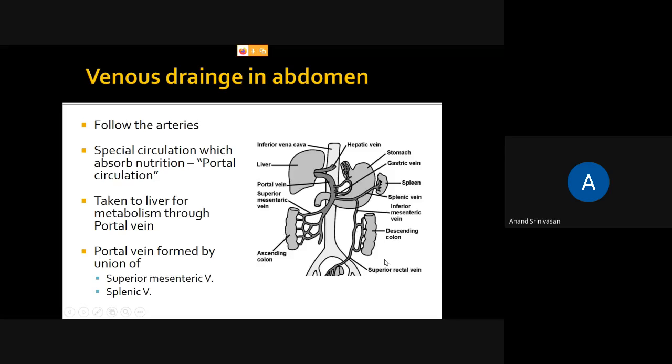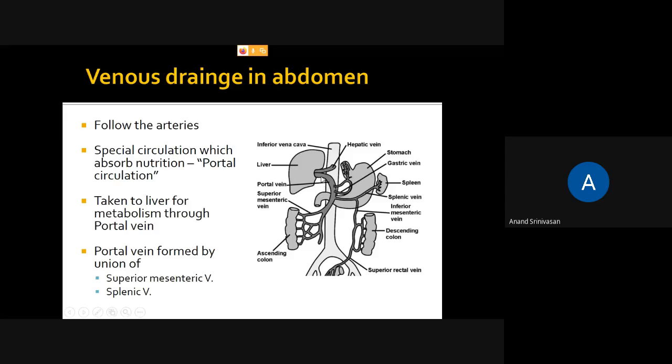Then the absorbed food goes towards the liver through the portal circulation. It goes into the liver where metabolism takes place and the energy is produced in the liver.